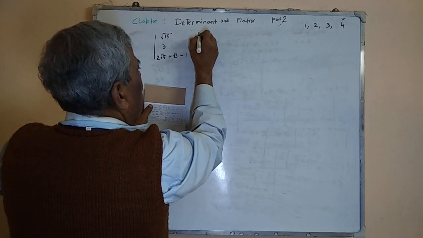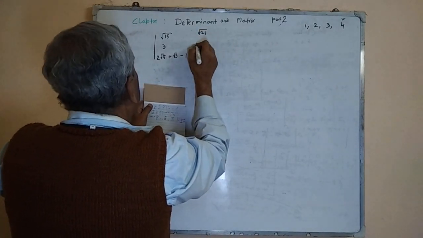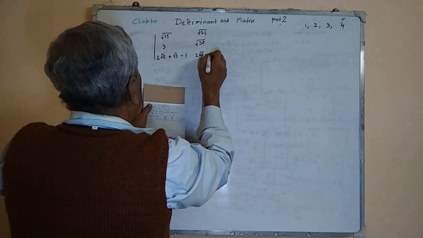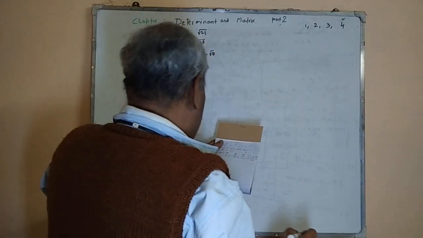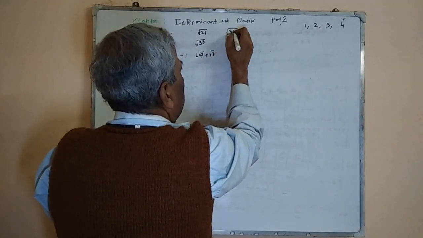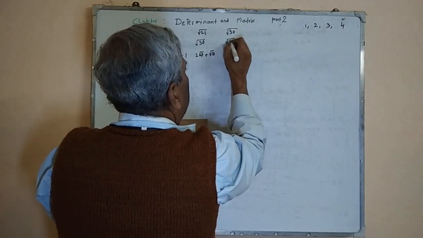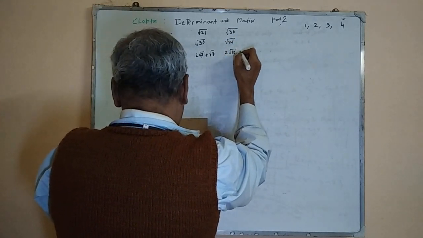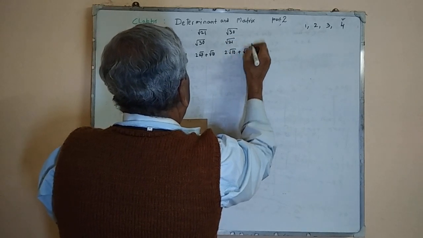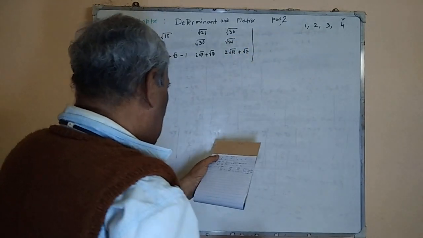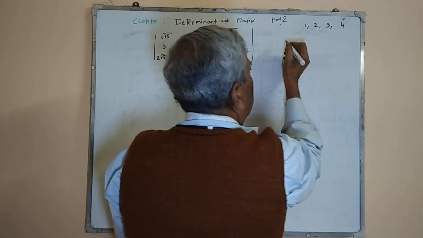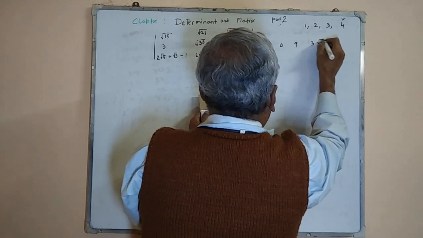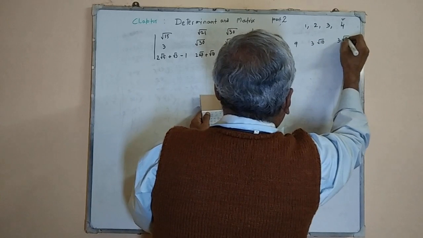Second column root 21, root 30, 2 root 7 plus root 10. Third column root 30, root 21 and 2 root 10 plus root 7. Question is, value of that determinant is, options: 0, 9, 3 root 10, 3 root 7.